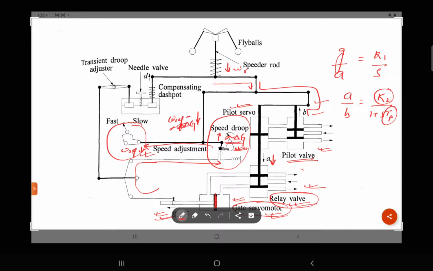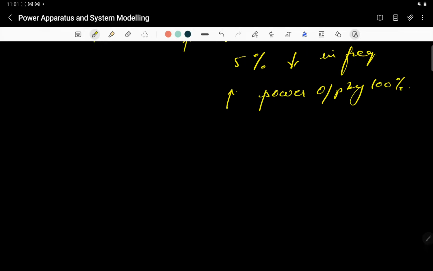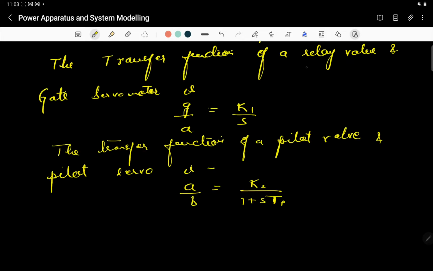Okay, so let's rewrite these equations over here: the transfer function of the relay valve and gate servo motor. The transfer function of the relay valve and the gate servo motor is G upon A equals K1 upon S, and the transfer function of the pilot valve and pilot servo is A upon B equals K2 upon 1 plus S TP.